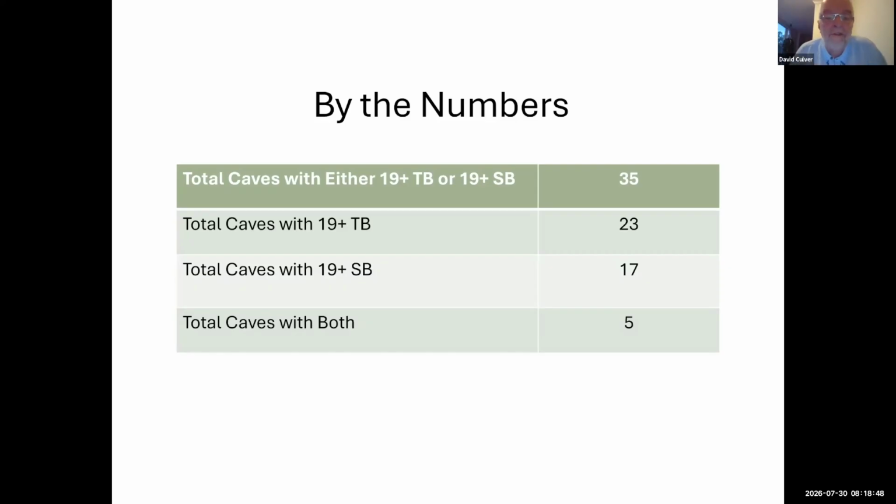So we sort of relaxed our criteria by one species. That gives us a total of 35 sites globally. Of those sites, 23 were just terrestrial sites, 17 were just aquatic sites, and 5, and all of those 5 were in the Dinaric Karst. The Dinaric Karst runs from the extreme northeast corner of Italy to Albania.